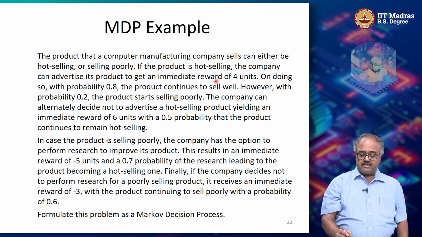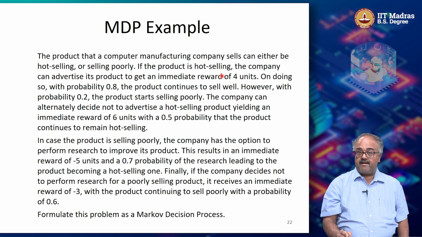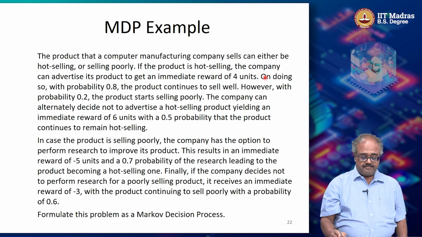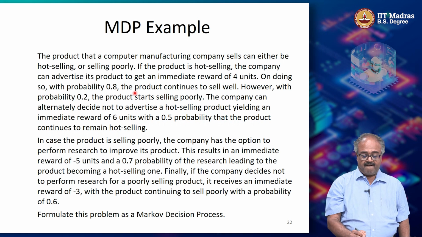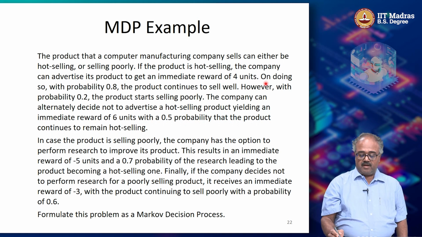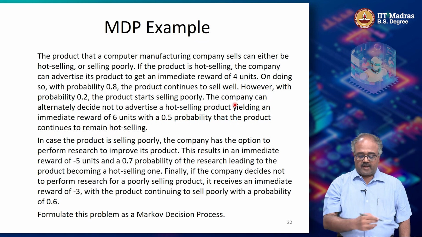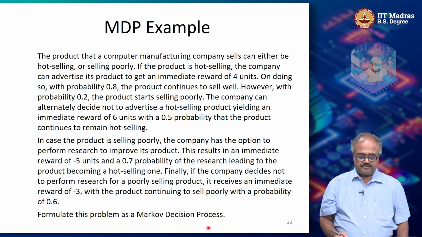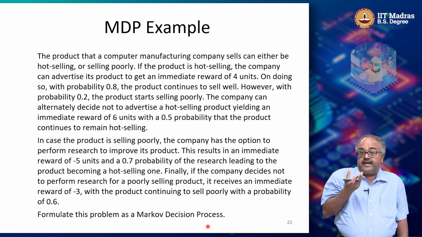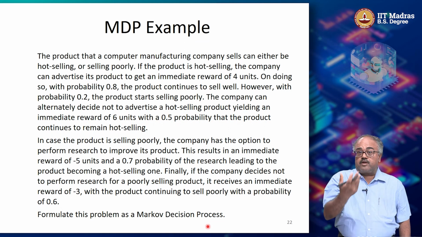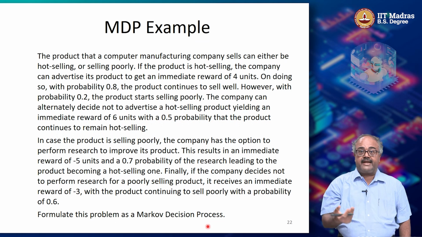Now, if the product is hot selling, right, the company can either advertise its product, right, or not advertise the product. Right? So if it advertises the product, it's going to incur some expense, right? But it's also, because it's a hot selling product, it's going to get some income.